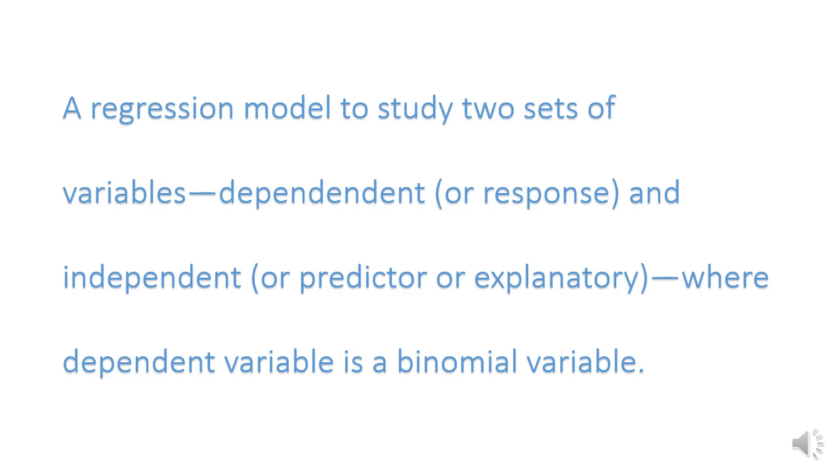So rephrasing it, the relationship is between two sets of variables, one of them is the dependent variable and the other set is independent variables. In that case, the dependent variable has to be a binary variable. It has to be either 0 or 1, yes or no, success or failure. If you need to understand the relationship between these sets of variables, you need to deal with a regression model.